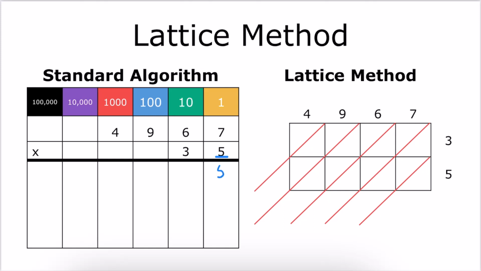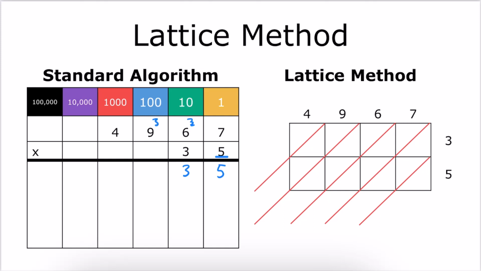So I'll have 5 1s and 3 10s. Then 5 copies of 6 10s gives me 30 10s. But then I also have these 3 10s that were carried over. So that would give me 33 10s, which gives me 3 in my tens column and 3 hundreds, because 30 of those tens can be converted into hundreds.